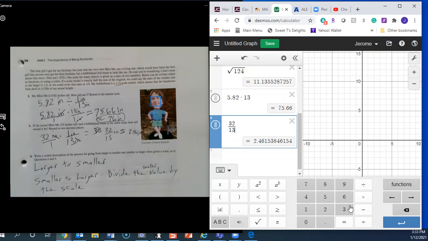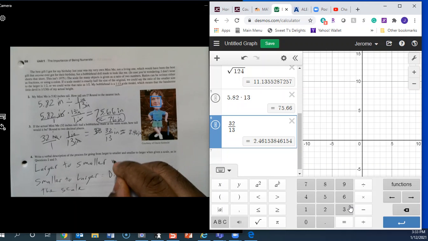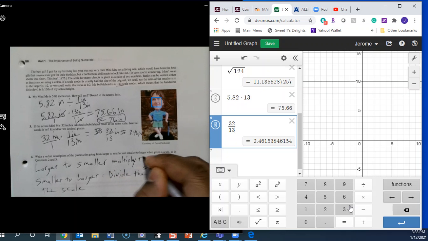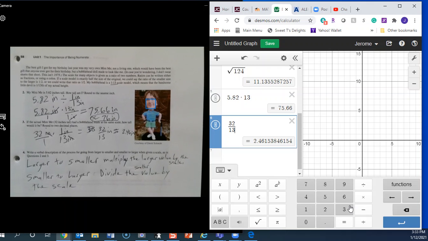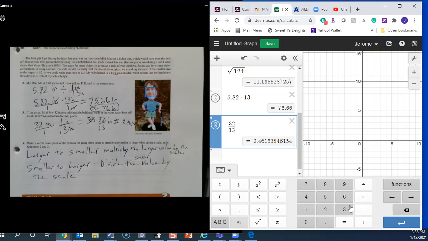Now, when we went from larger to smaller, we multiply the larger value by the scale. So again, larger to smaller, you multiply the larger value by the scale. Smaller to larger, you divide the smaller value by the scale.